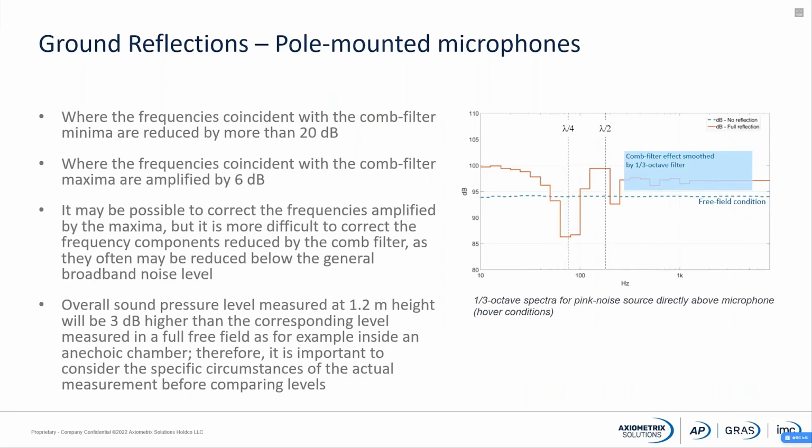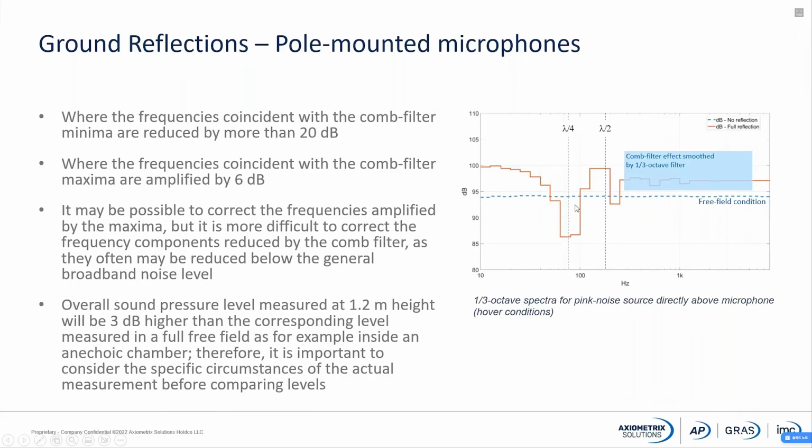So what does that actually mean? That means that if you have a frequency where you're interested in a tonal content, you can have some situation where it is coincident with the comb filter minima that will reduce the signal by 20 dB.